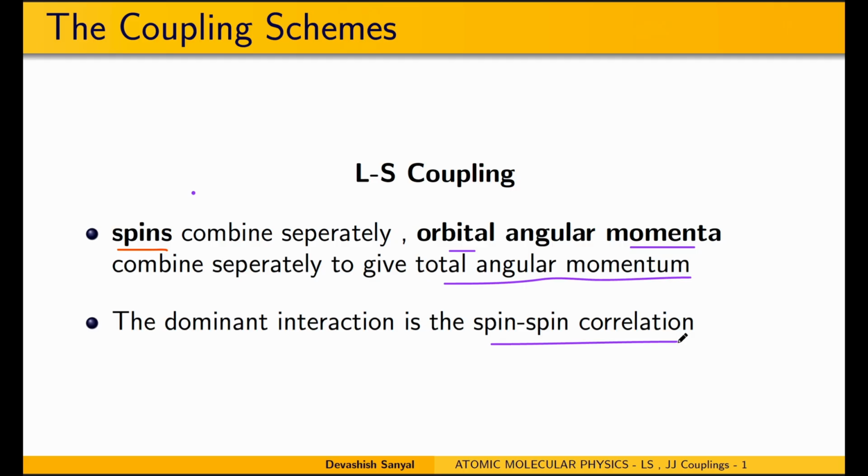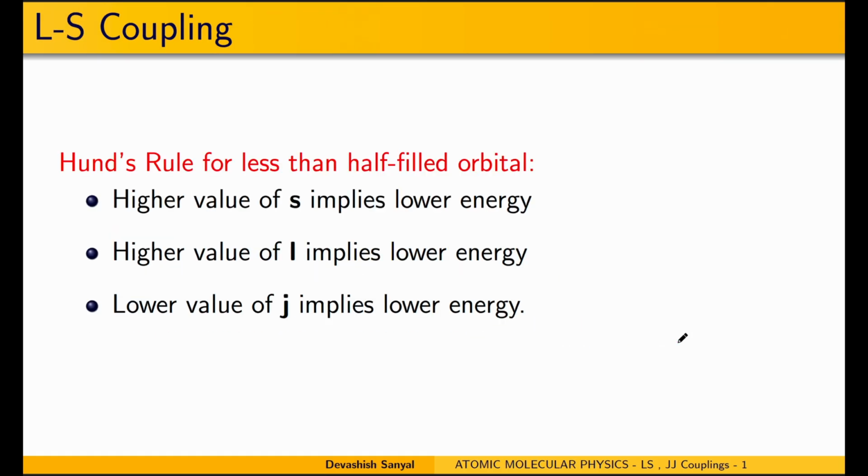Let us see an example of this. Before that, LS coupling is governed by what is called Hund's rule, and we'll just see what Hund's rule is. This is Hund's rule for less than half-filled orbital. We'll do an example to understand this. So what is the rule?